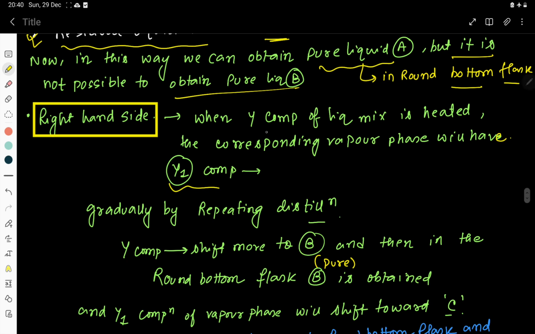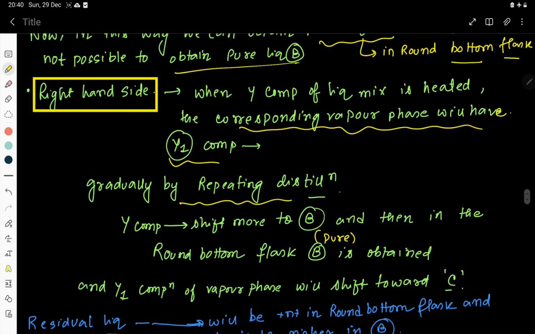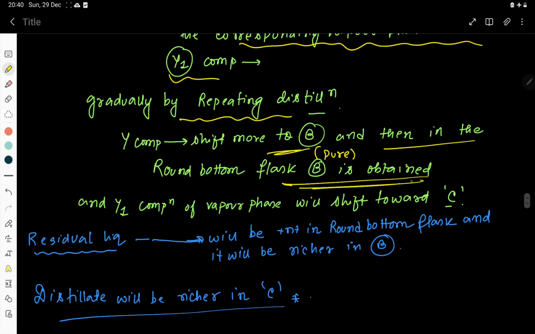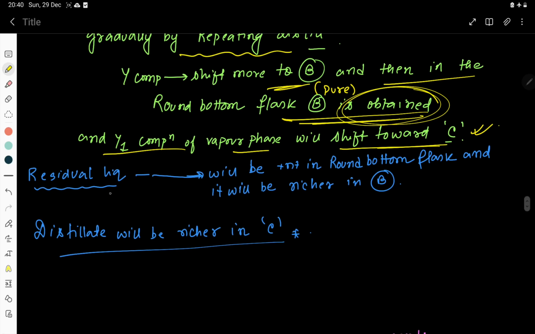So what is written here: when Y composition of liquid mixture is heated, the corresponding vapor phase will have Y1 composition. Gradually by repeating the distillation, Y component shifts to B, and then in the round bottom flask B is obtained. And Y1 composition of vapor phase will shift towards C. And here the residual liquid is what?